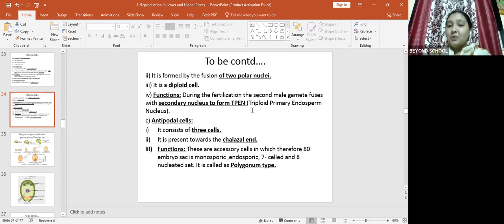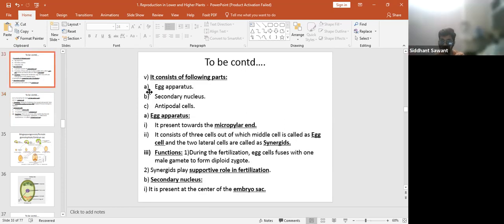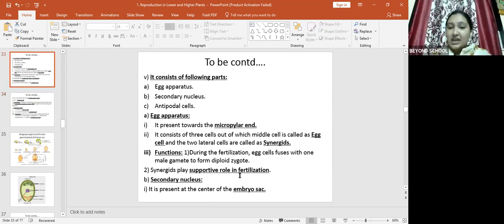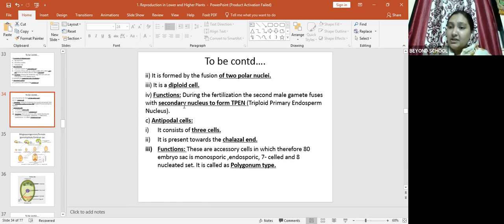It forms a triploid primary endosperm nucleus, which we call TPEN. अंडरस्टूड सिद्धांत दो मेल गैमेट्स? Yes, ma'am. पहला मेल गैमेट एग एपैरेटस के साथ मतलब बीच के एग सेल के साथ फ्यूज हुआ तो उसने बनाया डिप्लॉइड जाइगोट. दूसरा मेल गैमेट जो बाकी था वो जाके सेकेंडरी न्यूक्लियस मतलब हमारे पोलर न्यूक्लियाई के पास जाके फ्यूज हुआ तो उसने बनाया ट्रिप्लॉइड प्राइमरी एंडोस्पर्म न्यूक्लियस जिसे हम कहते हैं TPEN, right?